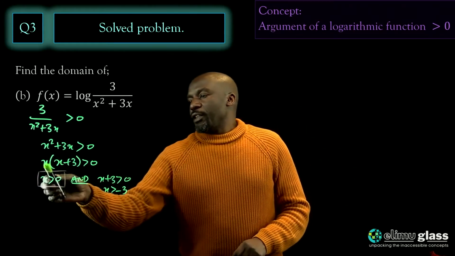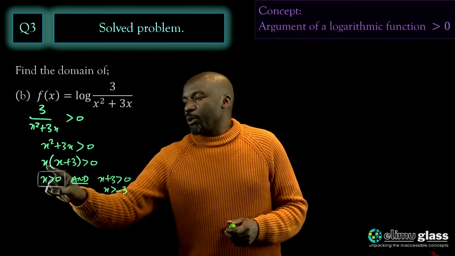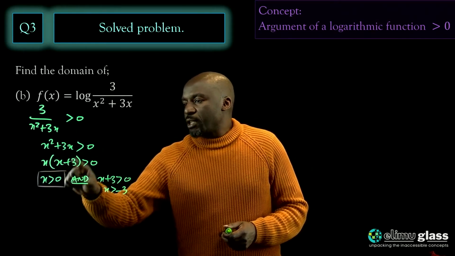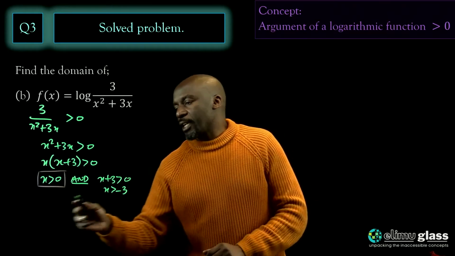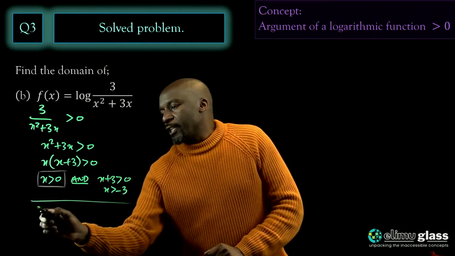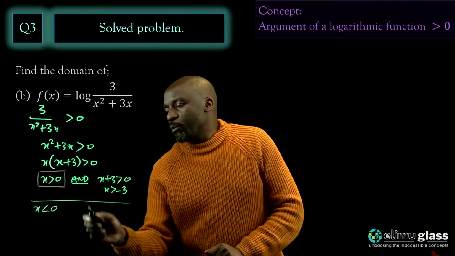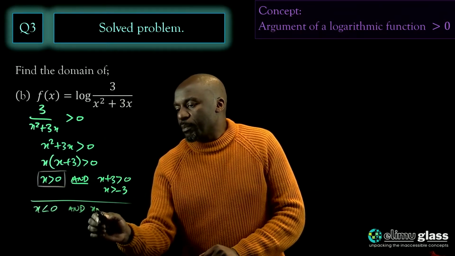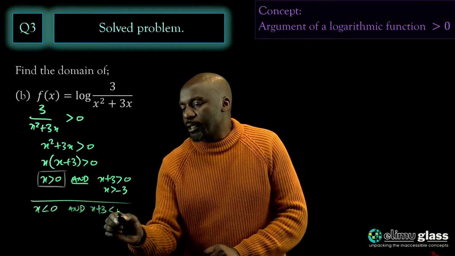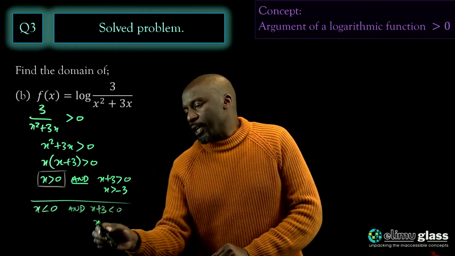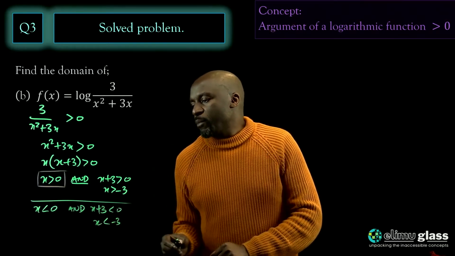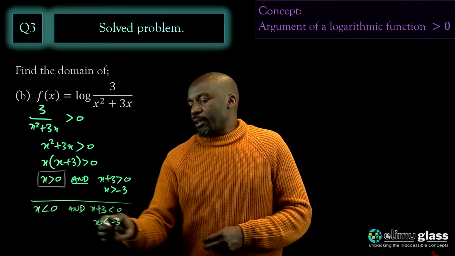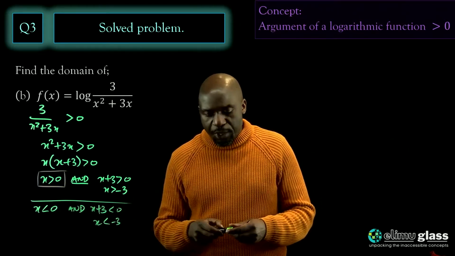But for this product to be greater than 0, it's also possible for x to be negative and x plus 3 also to be negative. So the second scenario is that x is less than 0, which means it's negative, and x plus 3 is also less than 0. In this case, x would be less than negative 3, and less than 0 and less than negative 3, which one would we take?